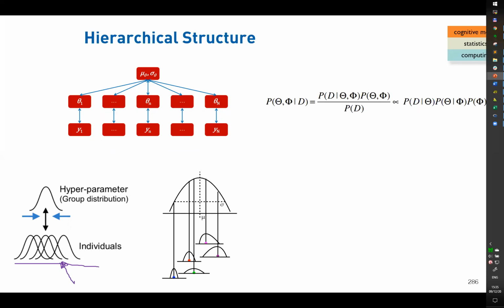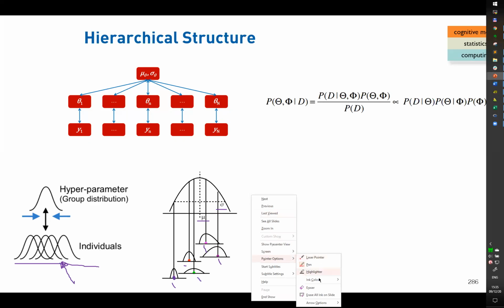So maybe at the individual level, they can be shifted a little bit. If you look at here, here, here, here, and here, these 5 distributions can have their own individual variation, but their means, in this case these colored dots, more or less follow the normal distribution governed by the mu and sigma parameters.